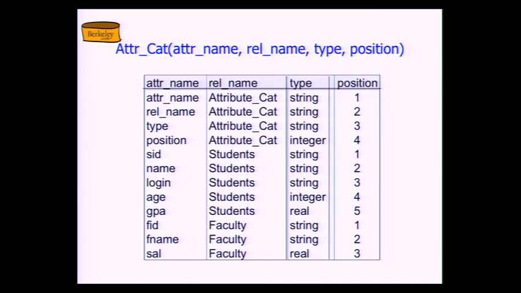All right? And you'll see that it actually talks about itself. So one of the relations in this table is AttrCat, although it's written attribute cat, but that's a bug. So it actually describes its own contents. It says there is a table called AttrCat that has 4 columns: attr name, rel name, type, and position. It's describing itself, okay? That's fine.